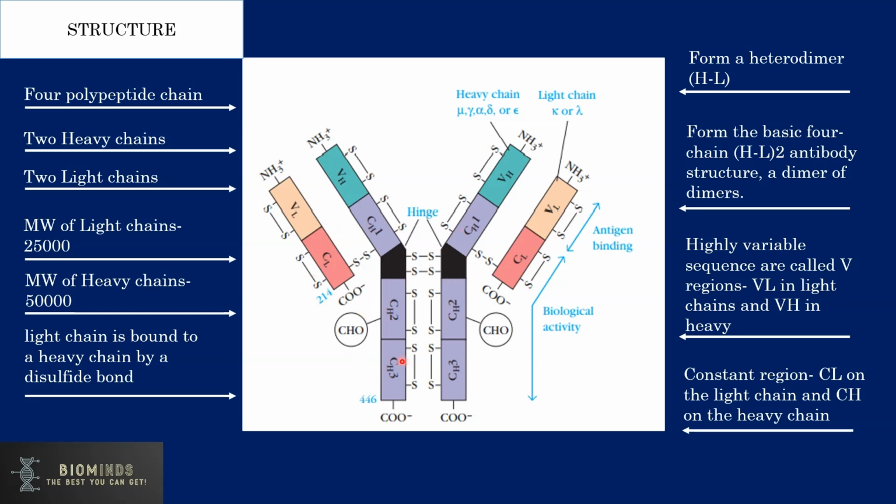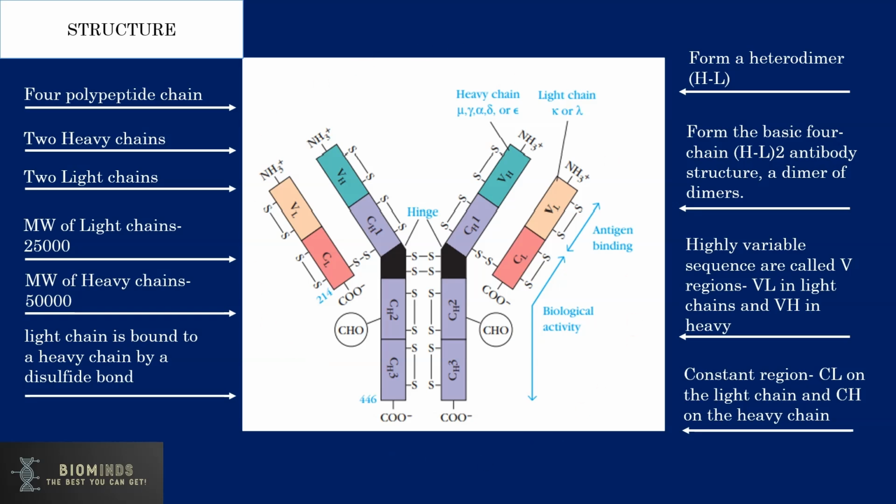Therefore it is known as a constant region, and the above four regions are known as the variable region. So it has antigen binding capacity. We will see this in the upcoming classes. So this is the overall basic structure of the antibody.